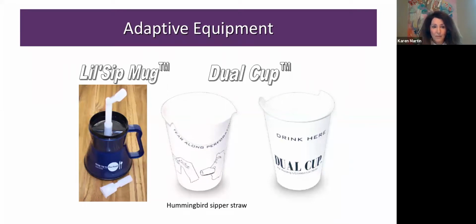What you can do is get, through the Preston catalog, the ones the OTs have, a cup called a Nosey Cup. It's a little paper cup with a cutout that gives you a place to put your nose, so you don't have to lean back to finish what's in your cup.